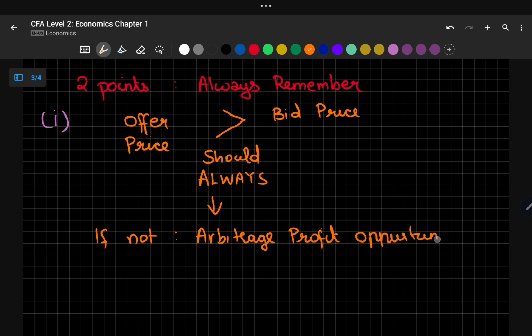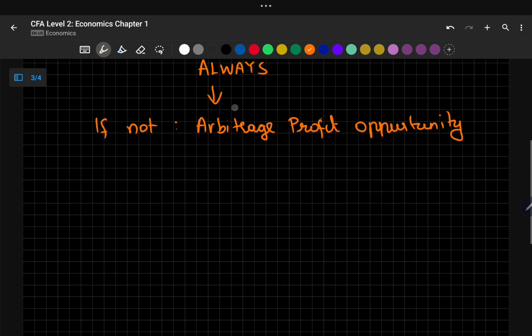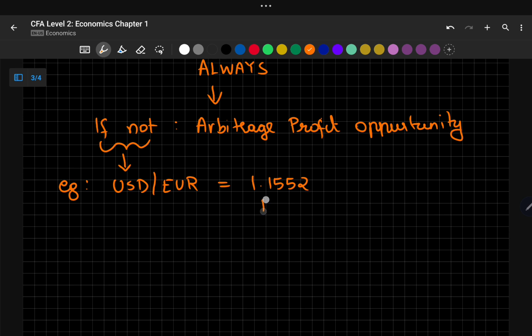Now, what does that mean? If not, in this case, we'll take an example. Same USD to euro. Now here we are making 1.1552 as the bid price and 1.1548 as the offer price.